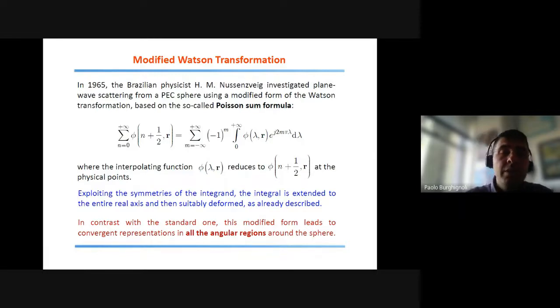In contrast with the standard Watson procedure, this modified procedure based on the Poisson sum formula is able to give you an acceptable result in all the angular regions around the sphere, and so it's more complete.